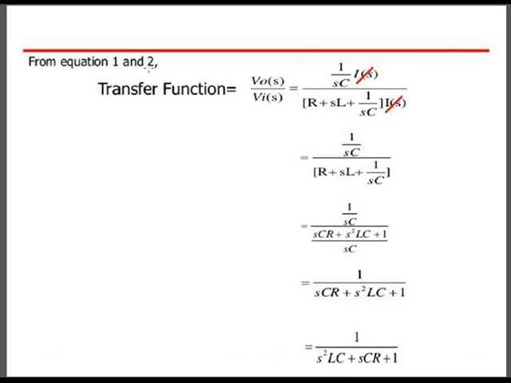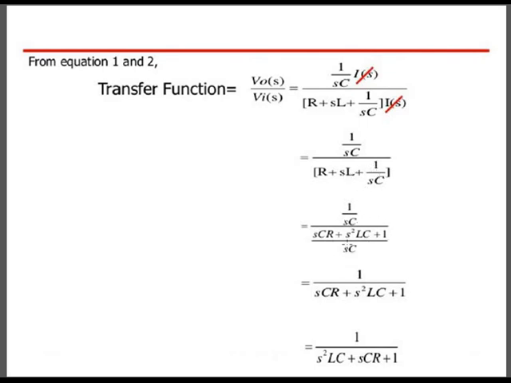Now from equations number 1 and 2, we can write the transfer function Vo(s) over Vi(s) equal to 1/(sC) I(s) divided by (R + sL + 1/(sC)) I(s). So I(s) will get cancelled out. Our transfer function is 1/(sC) divided by (R + sL + 1/(sC)). Now take the LCM for the denominator term: (sCR + s²LC + 1) divided by sC.